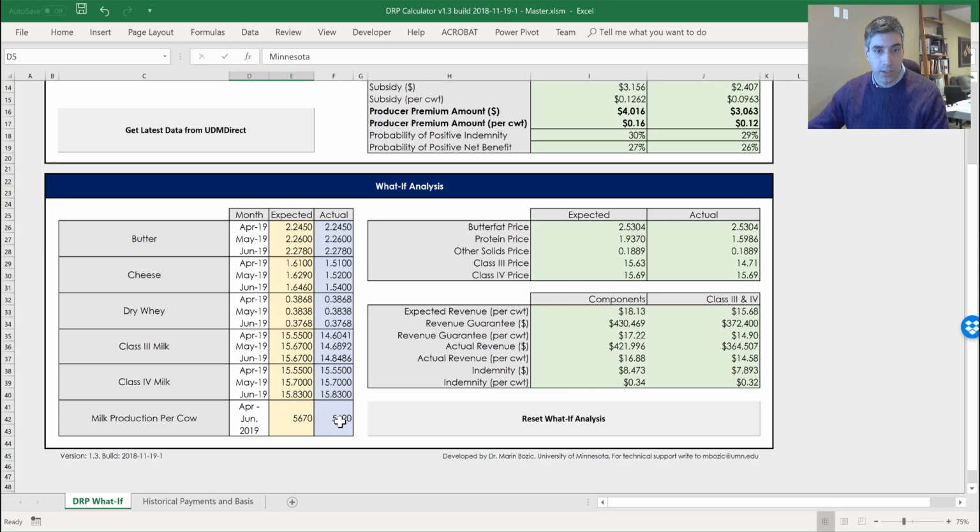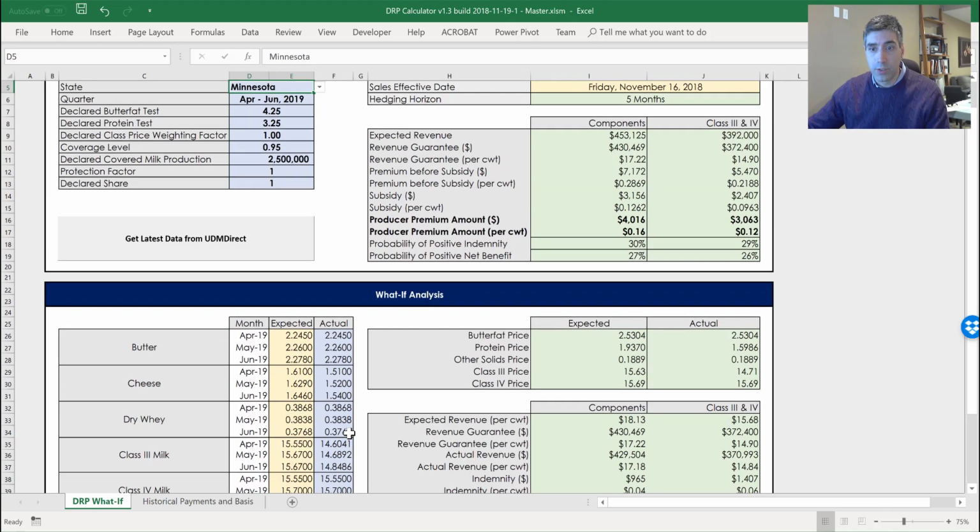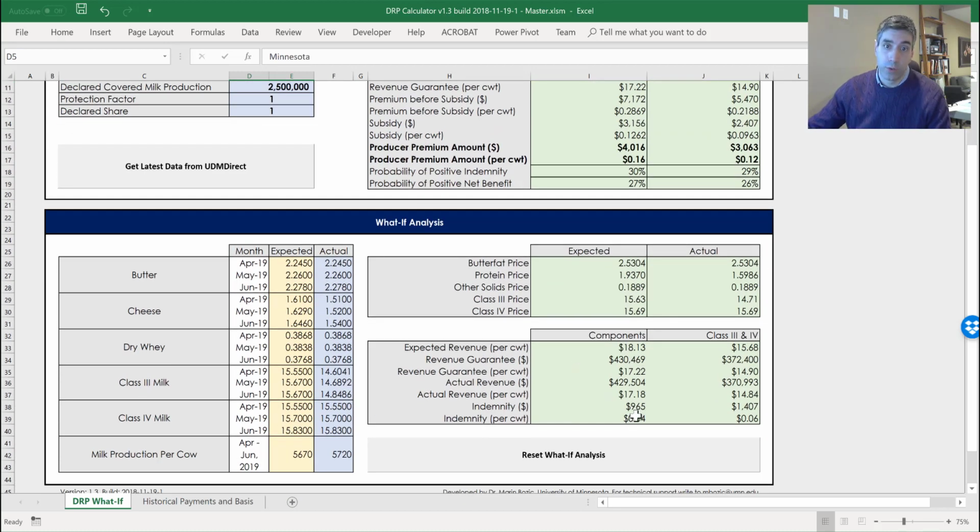And what happens if the yield was 50 pounds above what was forecasted? 5,720. Now instead of 19, we are only getting 4 cents. So this is a revenue protection. Revenue is price times quantity.